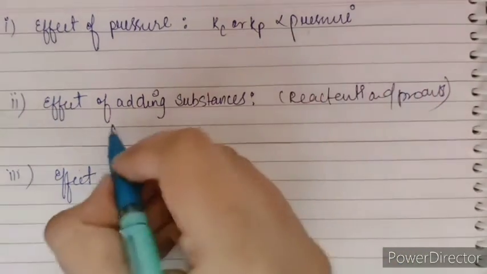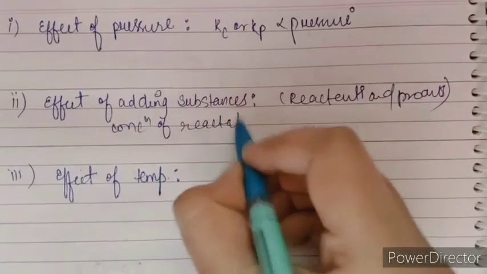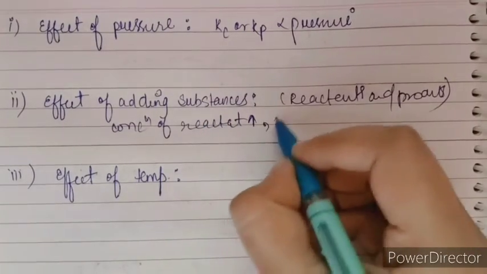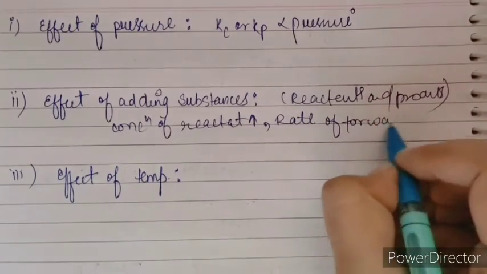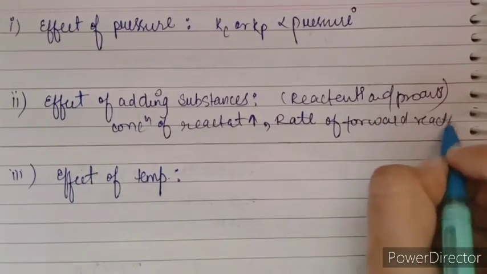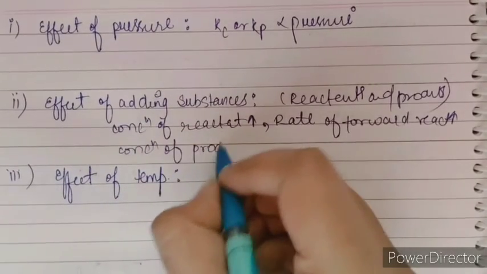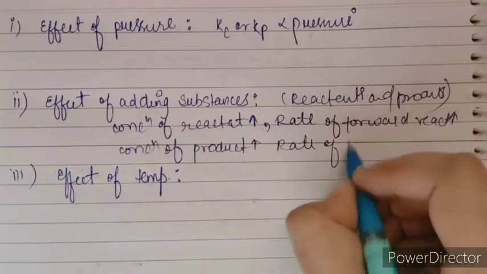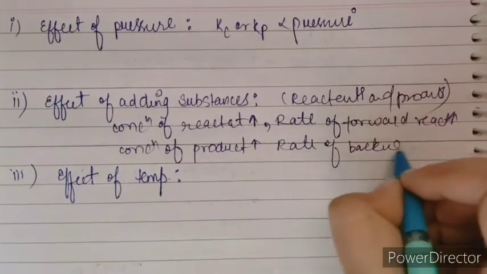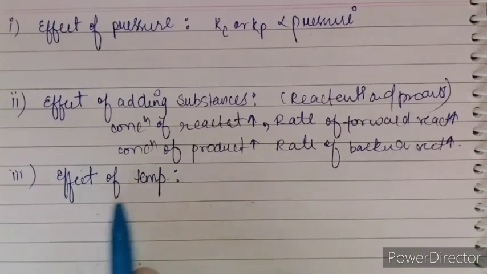That means if the concentration of reactant increases, the rate of forward reaction increases, and if the concentration of product increases, then the rate of backward reaction increases.